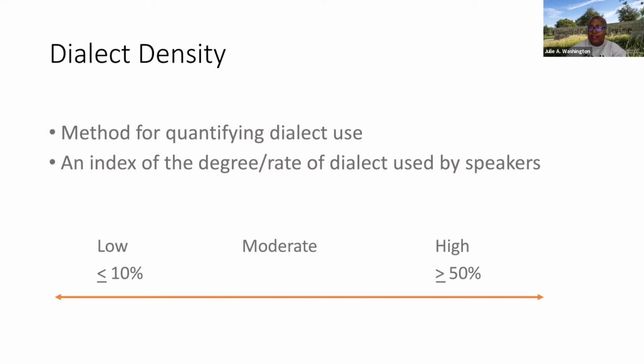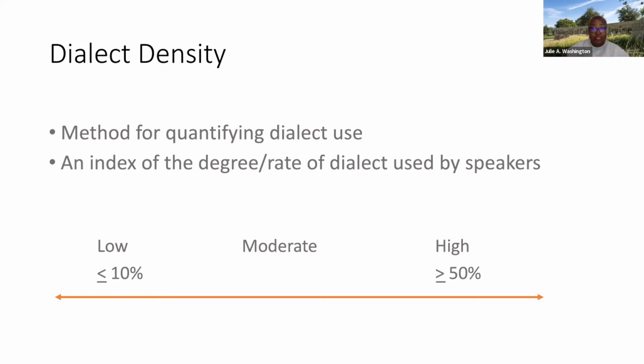So this is what dialect density is. We developed this when I was at the University of Michigan many years ago. It's a method for quantifying dialect use. If you have, for example, a 100 utterance sample, what percentage of those utterances have dialect features in them?